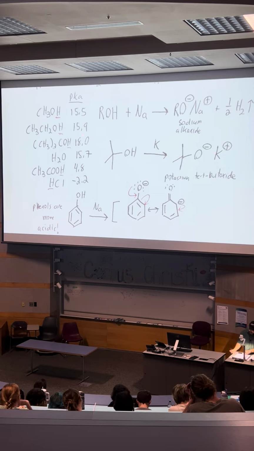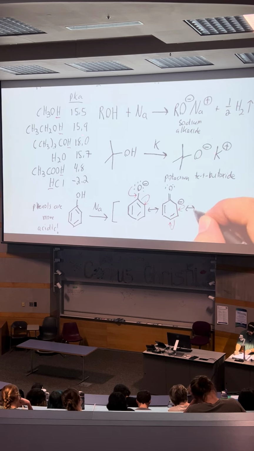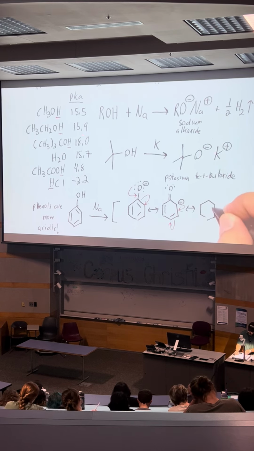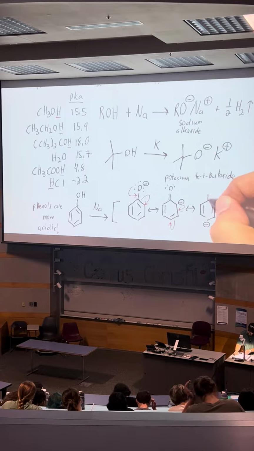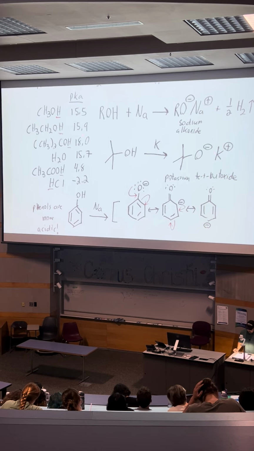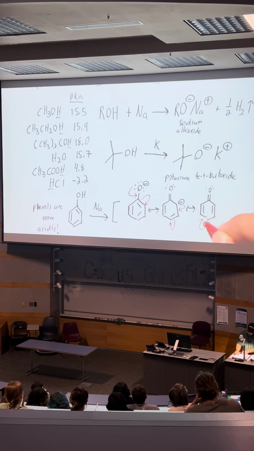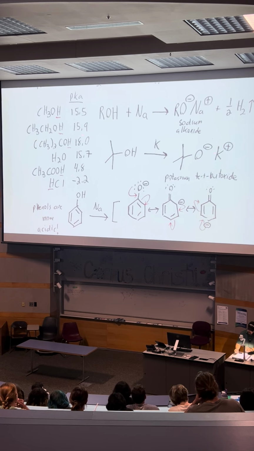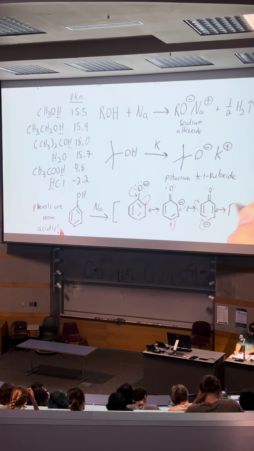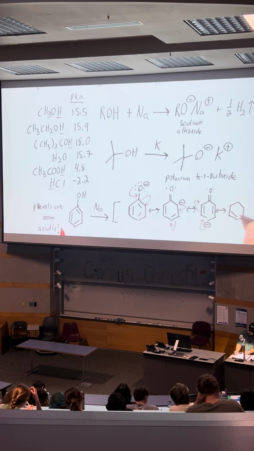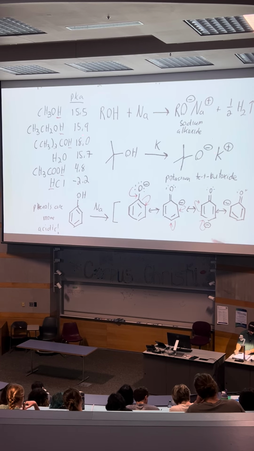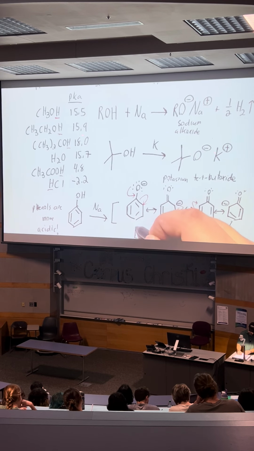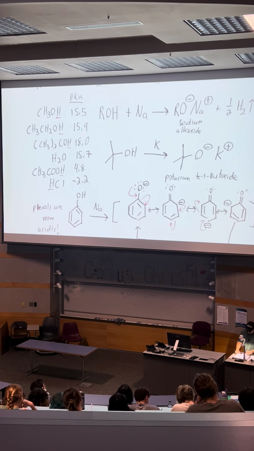That can then reform to make a double bond that donates down to the adjacent carbon. We can draw that again. We can do it one more time too. That's going to make a double bond, that'll go there. And then of course we do it again. And it comes full circle.